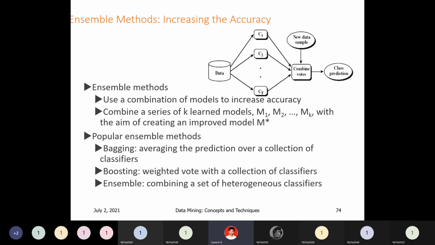What is meant by boosting? Boosting is nothing but a weighted vote with a collection of classifiers. The name itself indicates something that is high. So you created 10 models. For the first model you get some result. For the second model, you learn something from the first model and use that knowledge in creating the second model, so you can get a better result in M2.